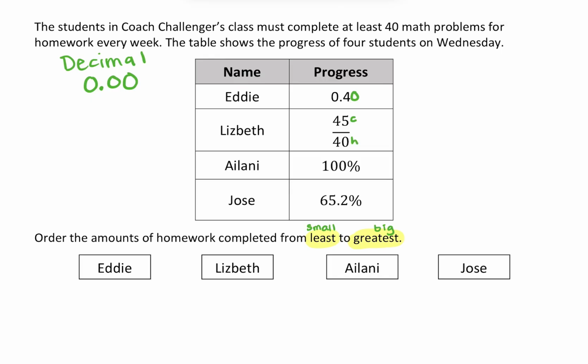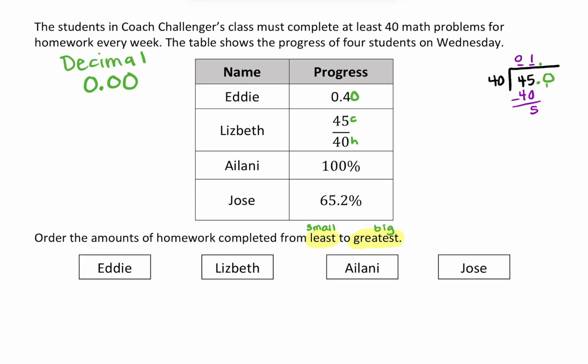So let's do that over here. So 45 goes inside, 40 goes out. Okay, 2 dinner plates. 40 cannot go into 4 chairs. It goes into 45 one time. Subtract, get 5.